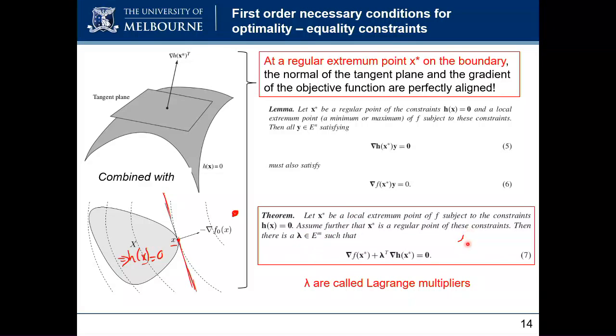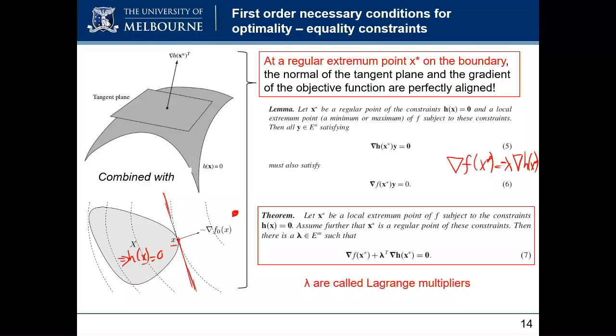It belongs to the Euclidean space. If they are aligned, I can write one in terms of the other. So essentially gradient f at x star is minus lambda times gradient h at x star. Right? One is a multiple of the other, and lambda is a scalar.